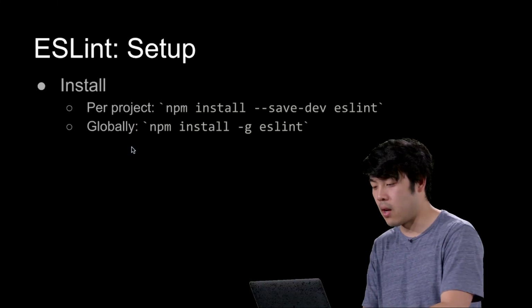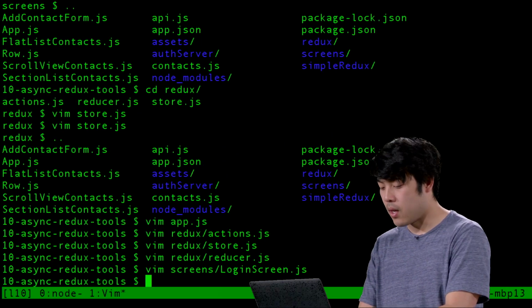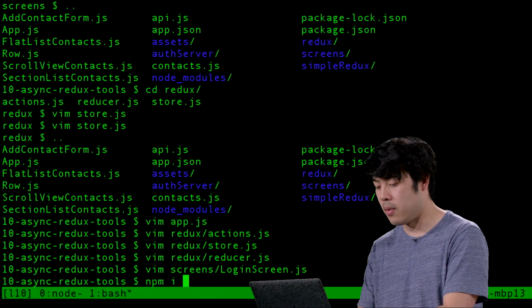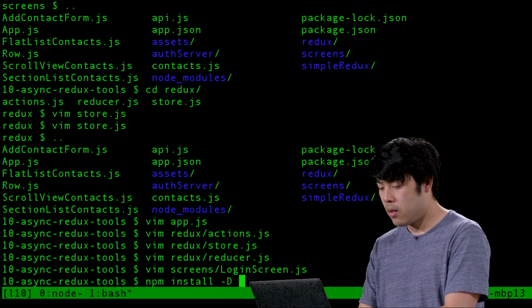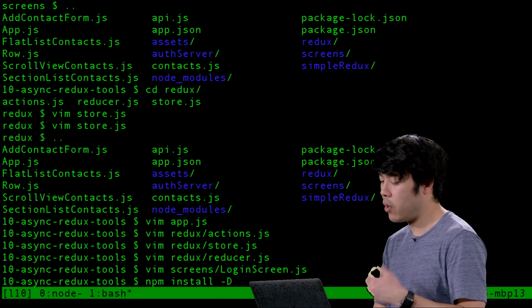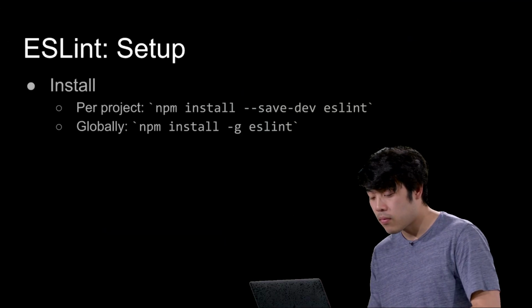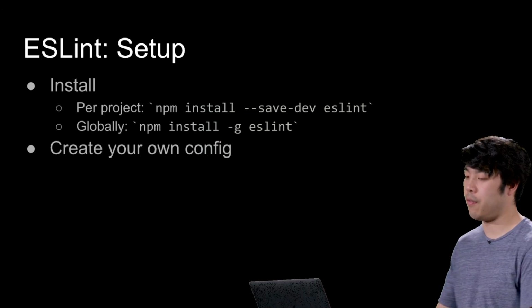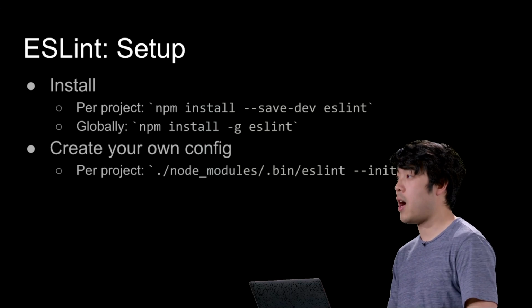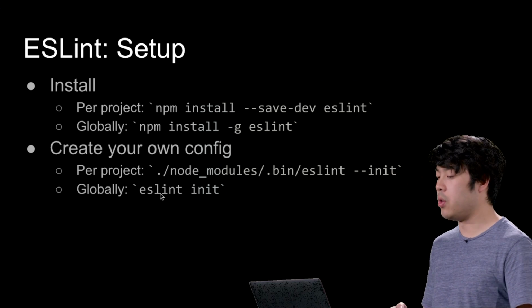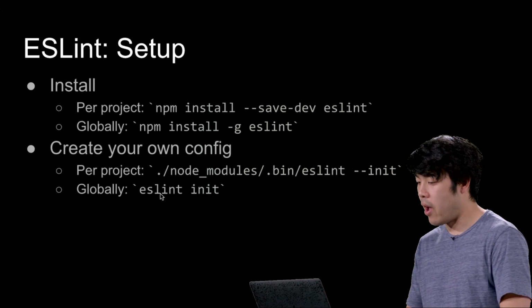So let's actually install it here. And I'm going to install it only in this project. So I'm going to do npm install --save-dev or -D ESLint. And then we should create our own config. And we can do this again in two different ways. If we install it globally, we can just do ESLint --init.